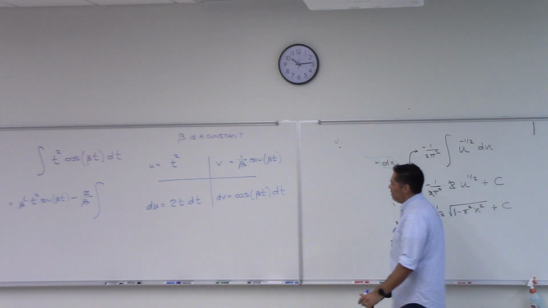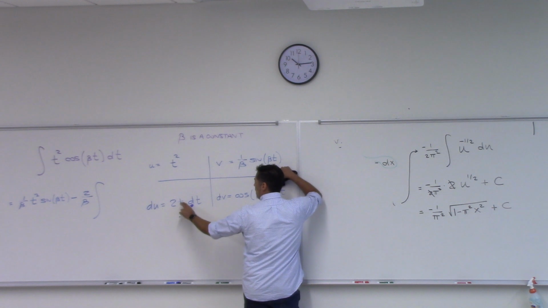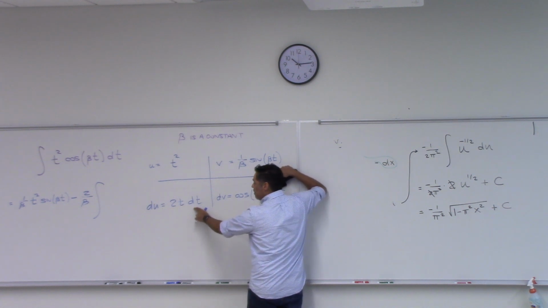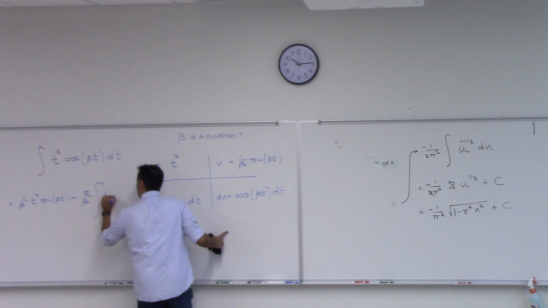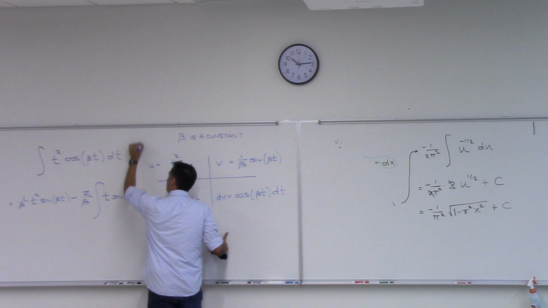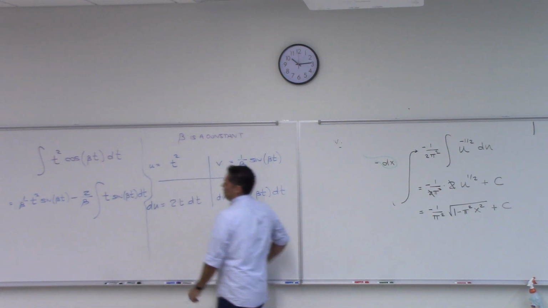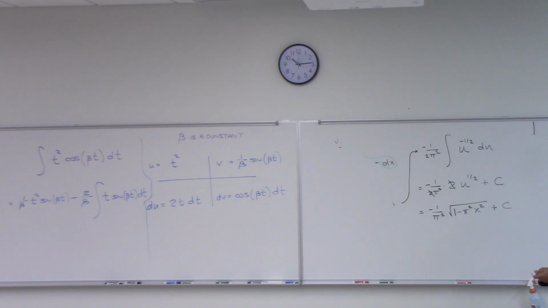And then what's still in this integral? Sine beta t and a t dt. I'm going to write it this way: t sine beta t dt. All right. That's where I am. Any questions on how I got that?